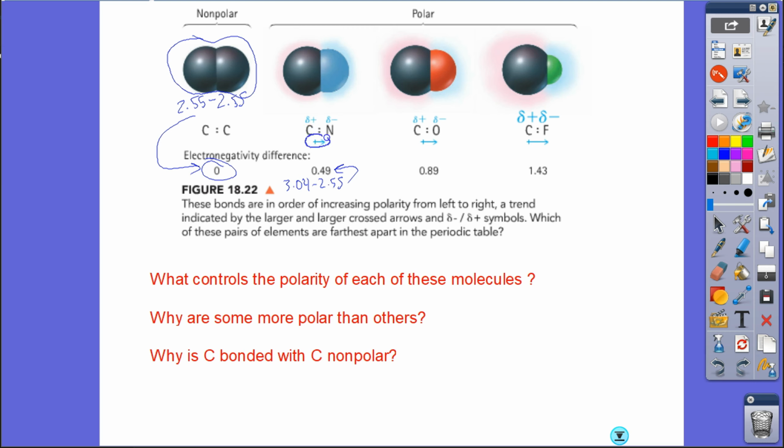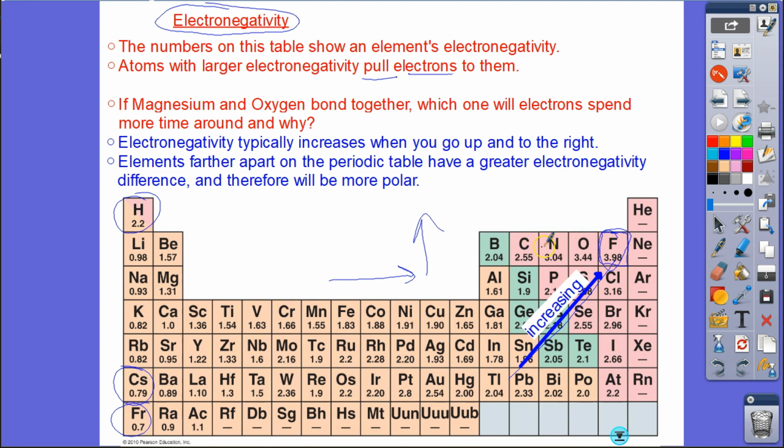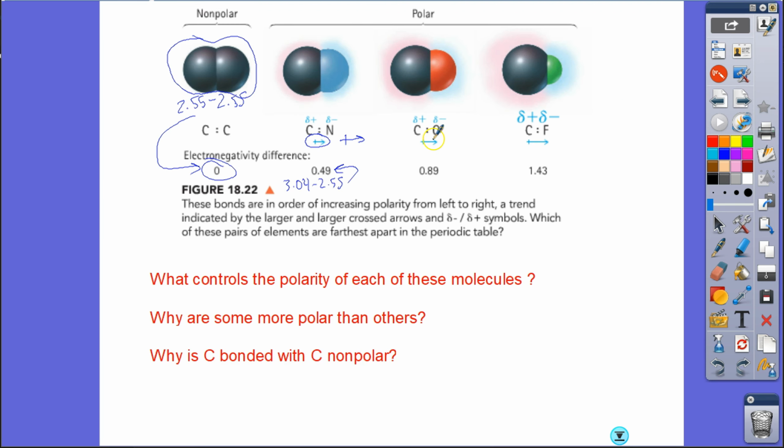This little arrow is the symbol used to represent the strength of the dipole. It looks like this. The larger the arrow, the larger the dipole. And remember, dipole is just another way of describing how much the charge is separated from each other. Carbon and oxygen are a little farther apart than carbon and nitrogen, so it's a little bit more polar.